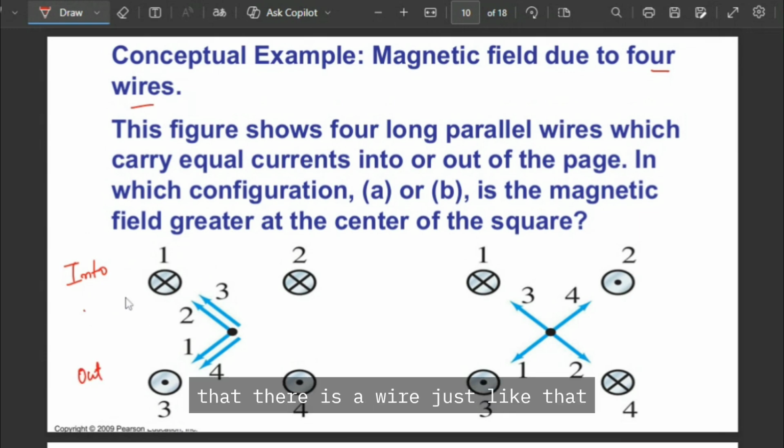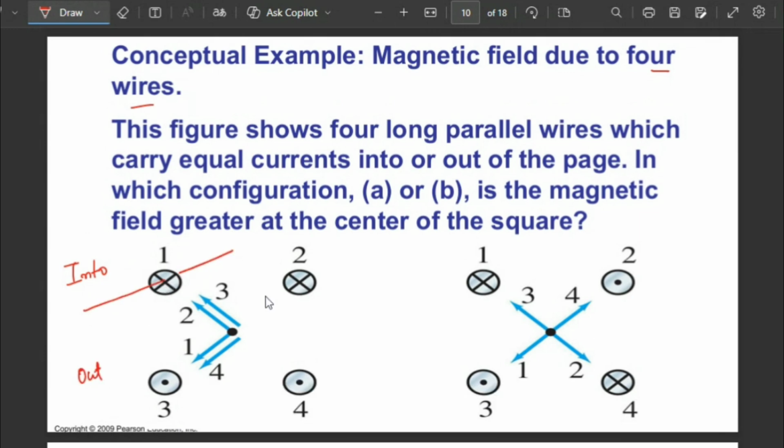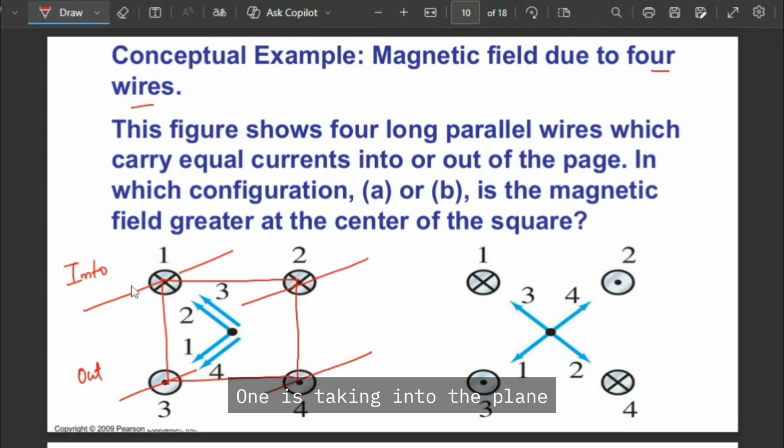So you can imagine that there is a wire like that, and they are carrying current in different directions. One is going into the plane, another two are coming out of the plane.